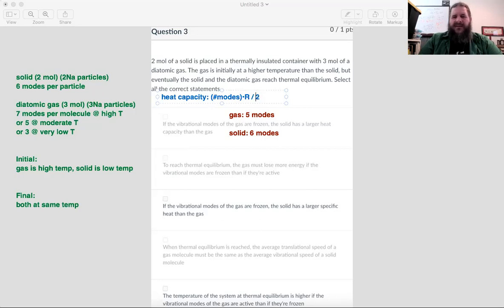That's the heat capacity of 1 mole. So CV per mole equals this. But the actual heat capacity is all that times the number of moles.